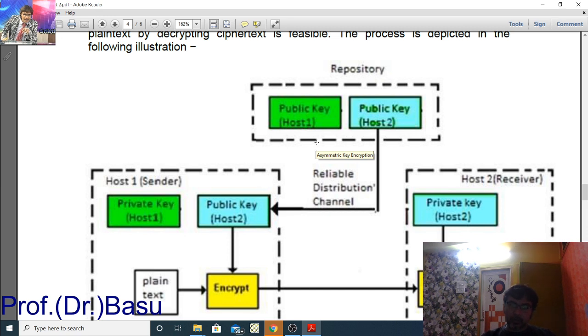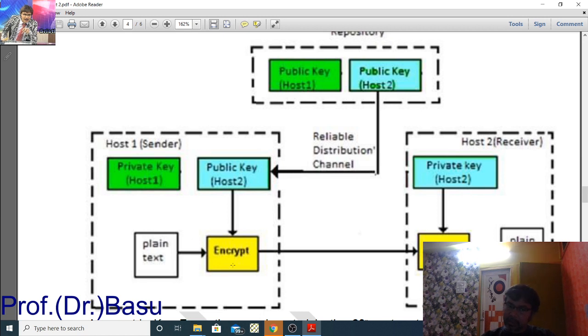So whenever the sender wants to send a message with encryption, the sender will use the public key of the receiver and encrypt the plain text.